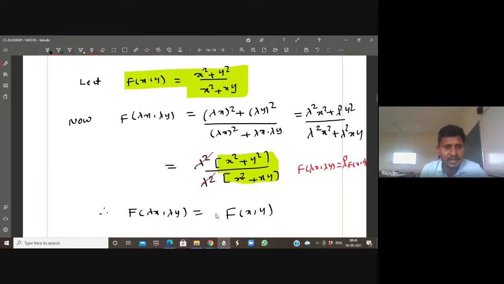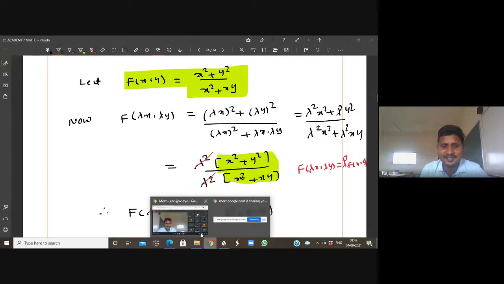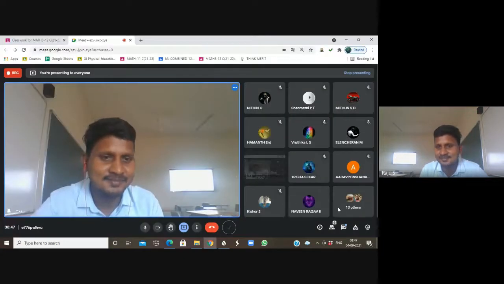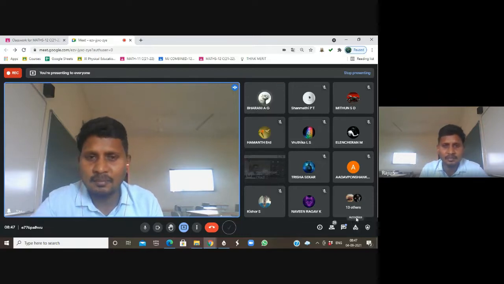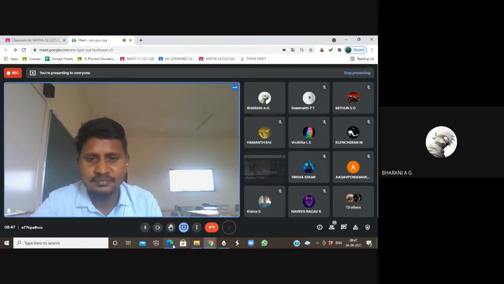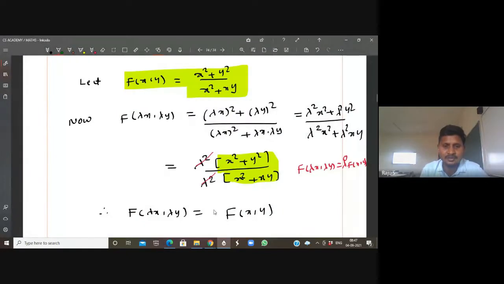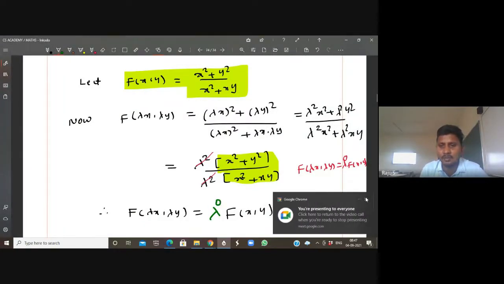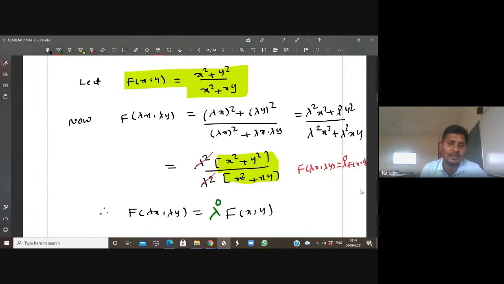Is there any lambda power 0? Yes, nothing will be there, so we can write lambda power 0. What is lambda power 0? 1. So lambda terms must be cancelled in numerator and denominator. Then we can write it as lambda power 0.